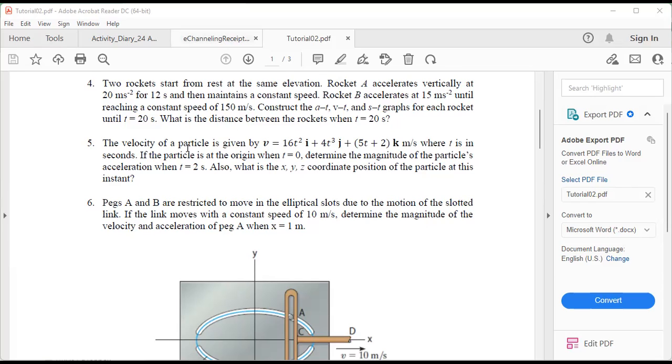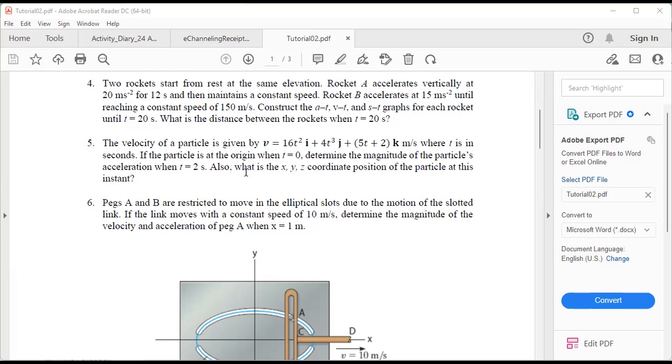So in this question, velocity of a particle is given in i, j, k components, and it starts at the origin. So we need to find the particle's acceleration when time is 2 seconds, and also we need to find the position of the particle.